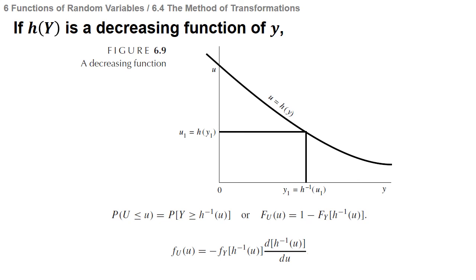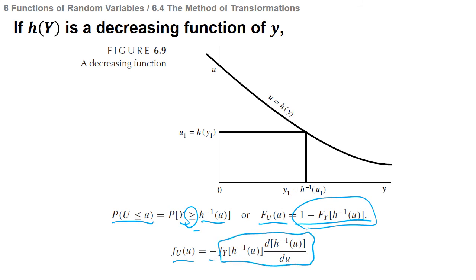And if h is a decreasing function of y, then the probability of U less than or equal to u, the area, the part is shifted, and so f_U(u) is 1 minus this thing, and from here f_U(u), differentiate this part, is negative of this thing.